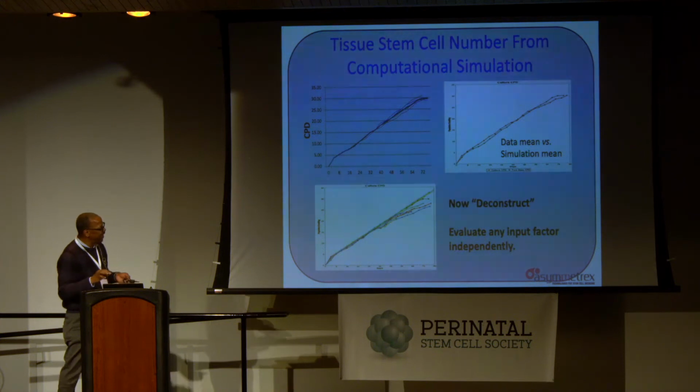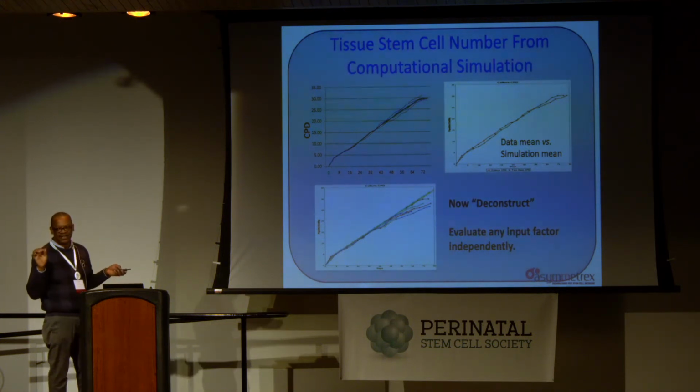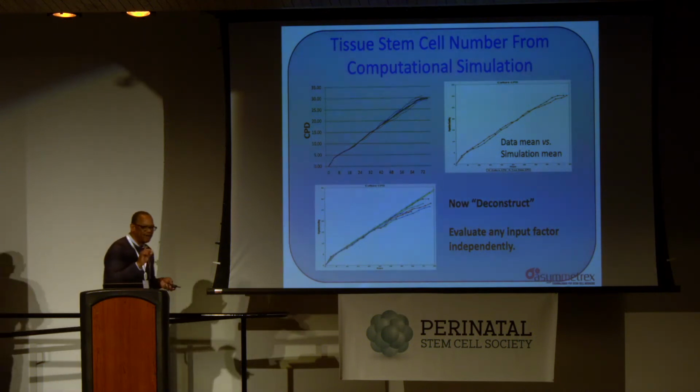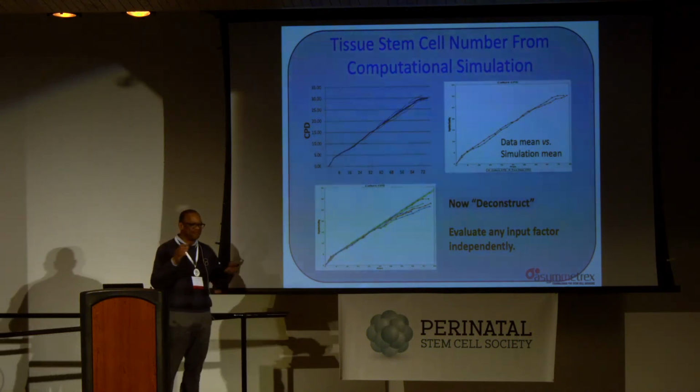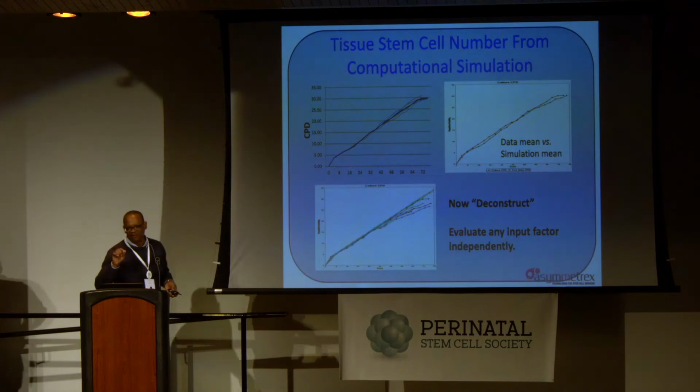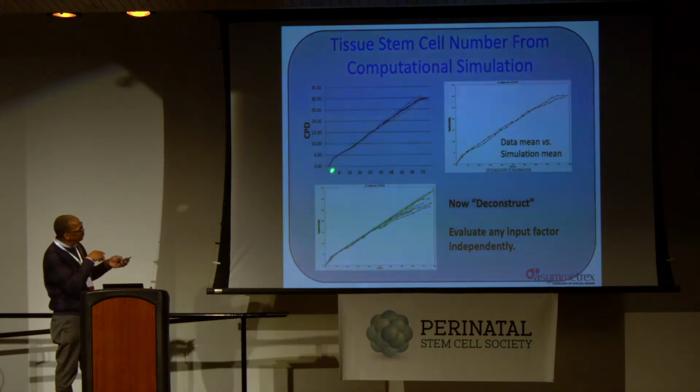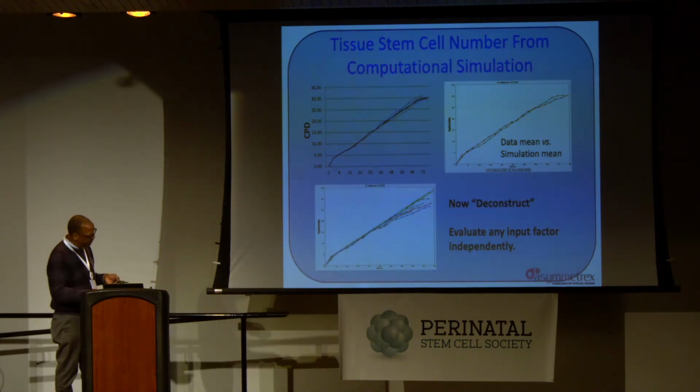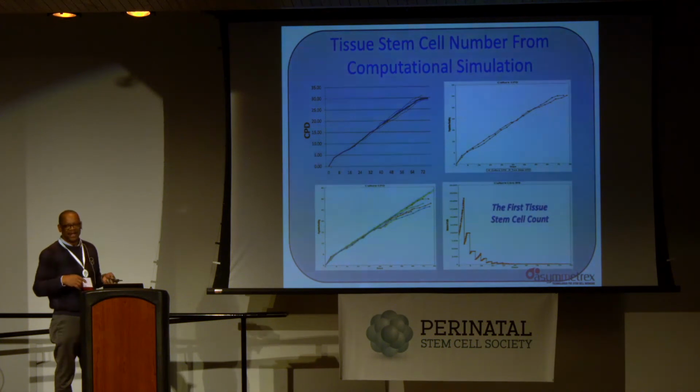And once we've done that, we can do something that's really neat in simulation space. You can deconstruct, and now you can evaluate any one of those factors, either the ones you measured or the ones you found, and ask, how do they change during this course? And of course, what we want to know is, how does the stem cell number change during this course?